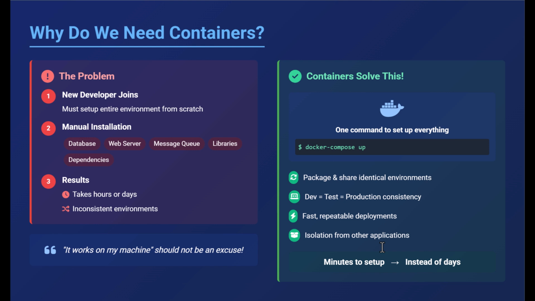And it's not just about installing, it's about getting the right versions and configuring everything properly. This can take hours or even days, and often it still does not match what's running in production. That's when you hear the famous phrase, "it works on my machine but not on yours or in production."